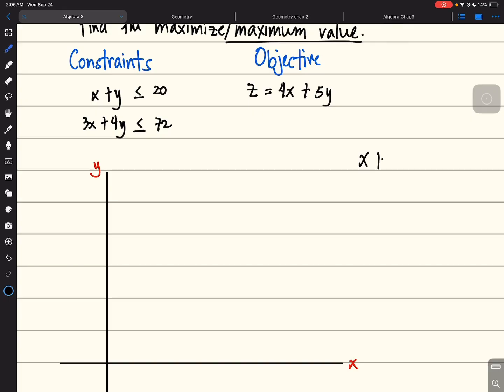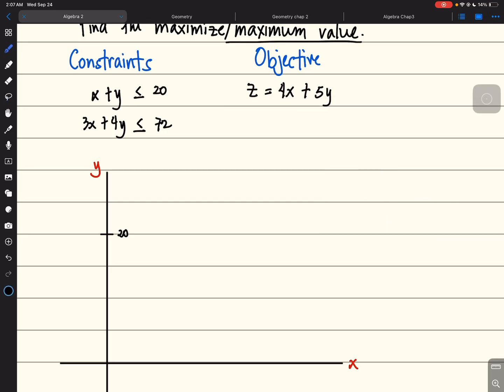So let's try for the value of y. So this is 0 plus y, 20. So the y-intercept is 20. So let's say 20 is over here. Same process: we're going to substitute y as 0 to get the value of x.